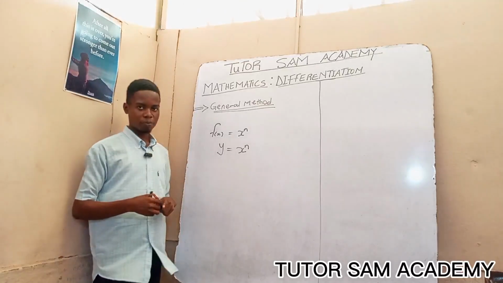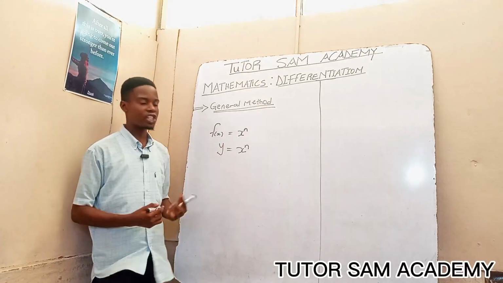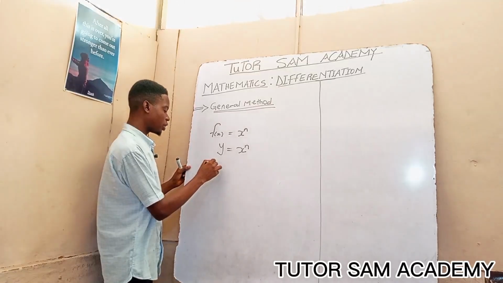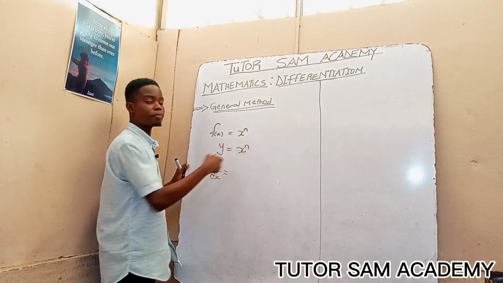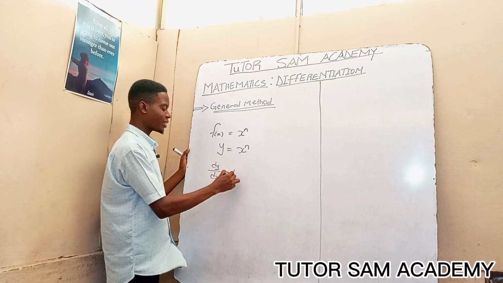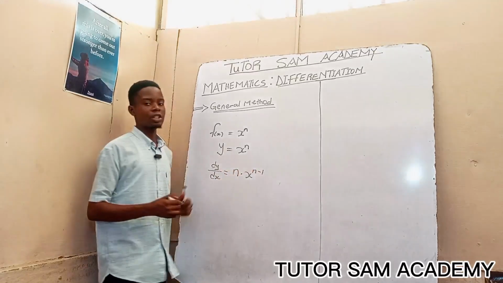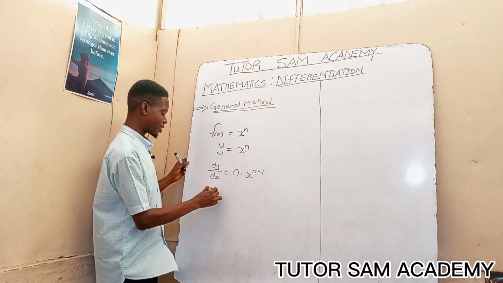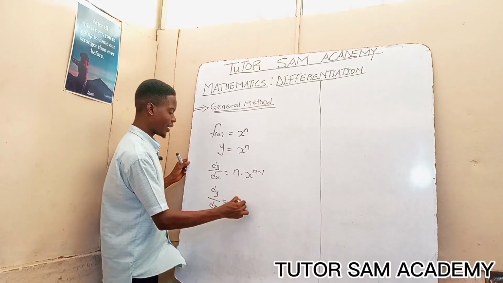If this is a function and you want to find the derivative of this function, or you want to differentiate this function, all you have to do is bring this power down. You bring n down, you have n into x raised to the power of n minus 1. So this is how it works. To find this derivative, dy/dx will be n x^(n-1).